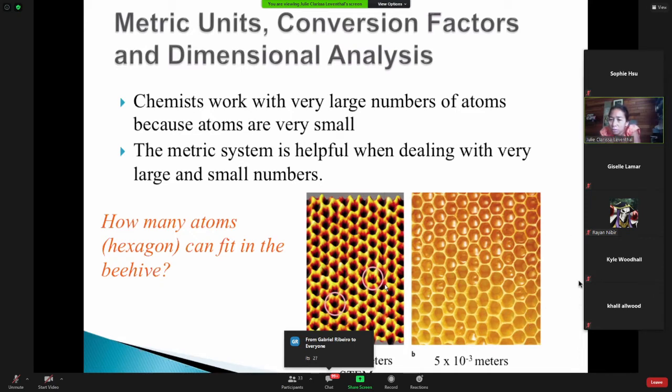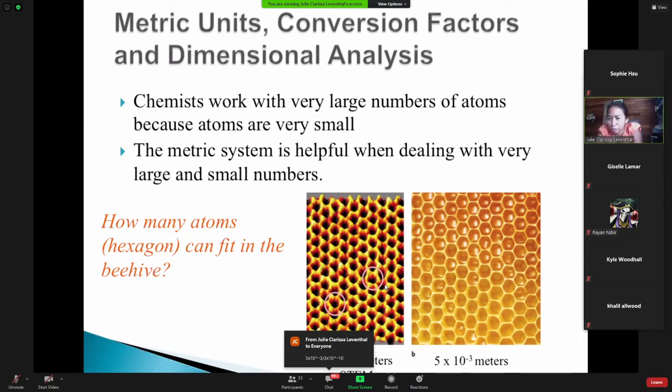What do you do? 5 times 10 to the minus 3 divided by 3 times 10 to the minus 10. So how many do you have?